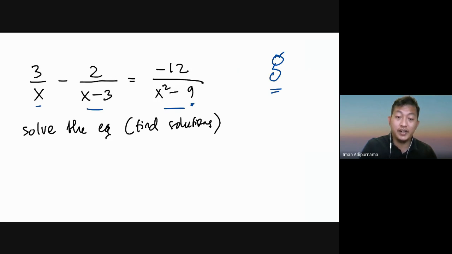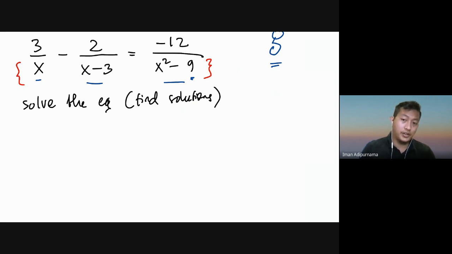But because they are in fractions, in rational terms, it becomes a little bit complicated. So what you need to do here is remove the denominators, right? So how can you do that?